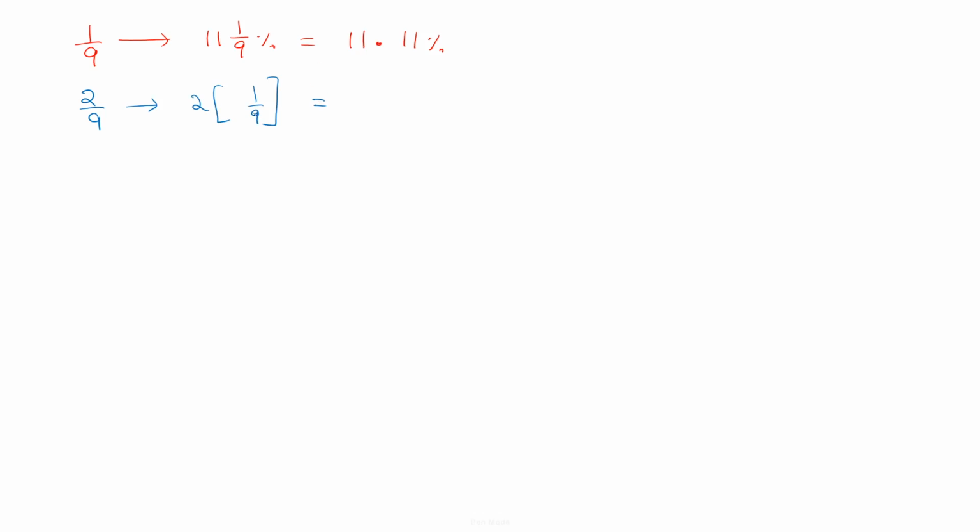We know the value of 1 upon 9 as 11 1 by 9%, so 2 times that is 22 2 by 9%, or in decimal representation, 2 times 11.11, that is 22.22%.